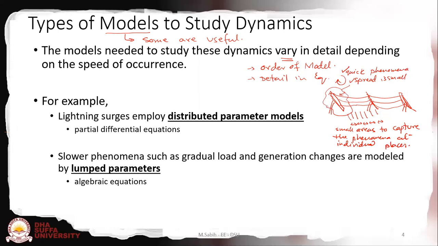You cannot have a big R or L, for example, or some kind of a single impedance or reactance to represent the complete line of, let's say, 80 kilometers or 10 kilometers and so on. Try to understand, distributed helps us to capture these small changes. So this is distributed parameter models.